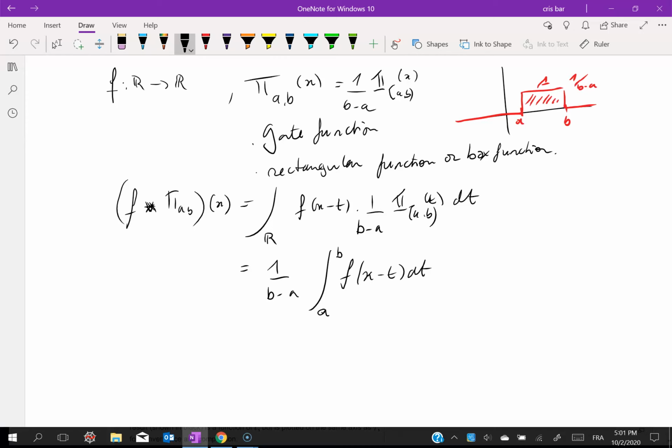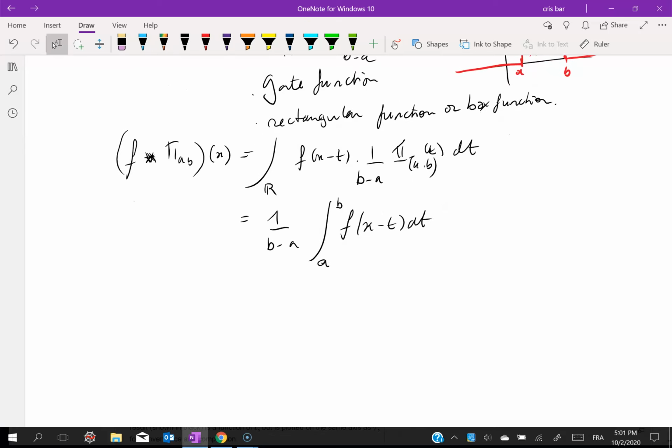Let's use some substitution, because I would like to relate what I have obtained here to something more like the integral of f. It should be a bit clearer. Let's put a new variable: u equal to x minus t, so that I will be able to write f of u in my integral.